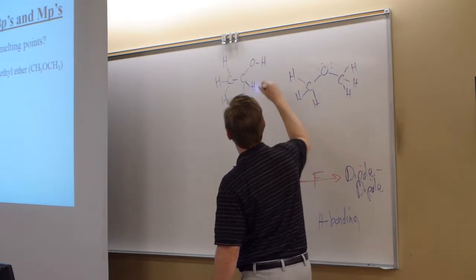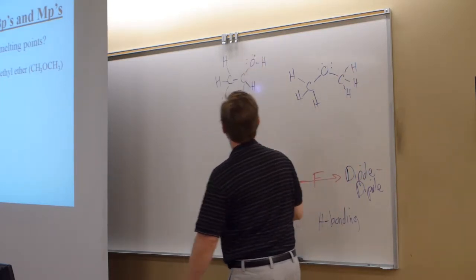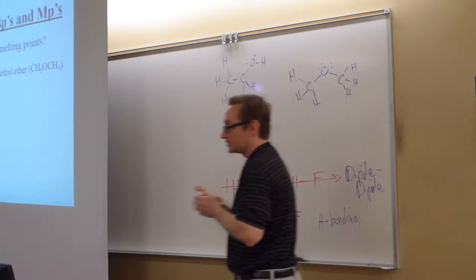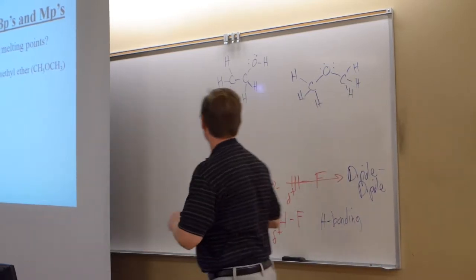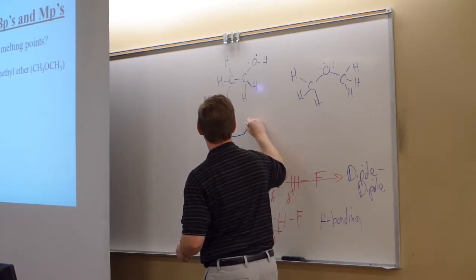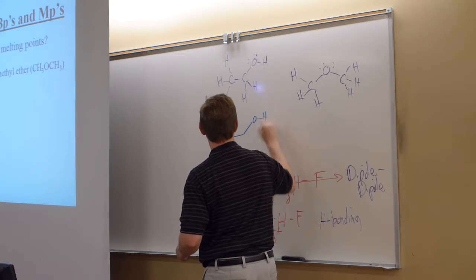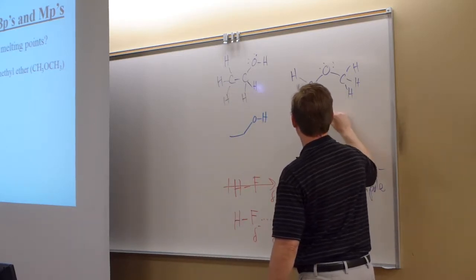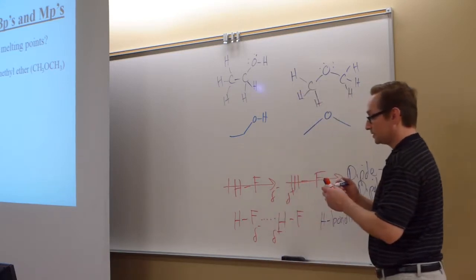Oh man, that takes too much time to draw. Alright, so these are the two molecules. If I did the line structures for them, that'd be a line structure, and this would be a line structure. That's so much easier.